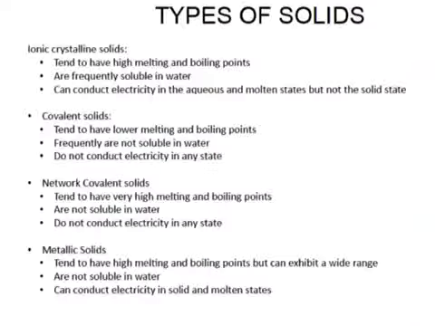So then we have the types of solids, and you looked at this yesterday in your POGL. We have ionic crystalline solids, which have high melting and boiling points, are soluble in water, and conduct electricity in aqueous and molten states.